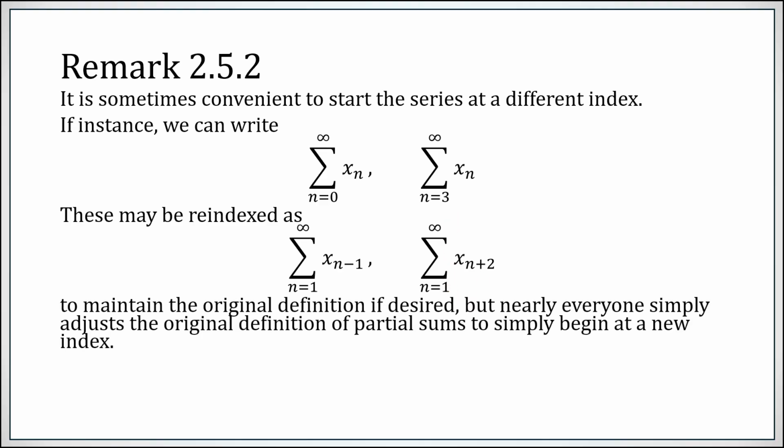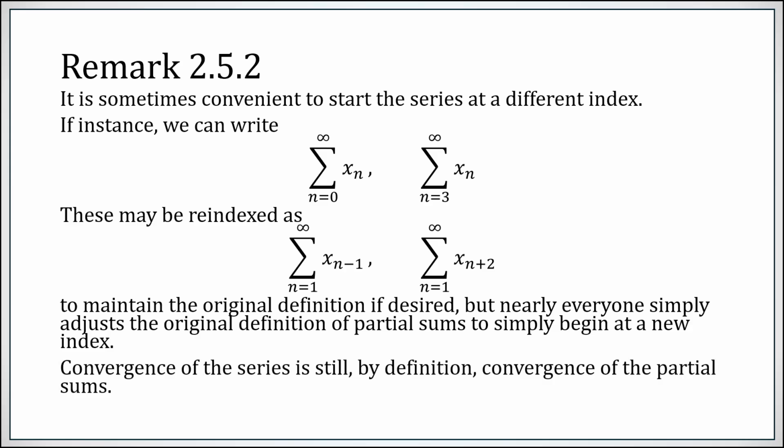So we can maintain the original definition, always starting at index 1, and just re-index series. But generally in practice, everyone understands that if you write a series starting at whatever arbitrary index you want, you mean the sums starting at that index, partial sums must then end at some later index, and you still take a limit. So convergence of the series is still by definition convergence of the partial sums, where you can simply adjust the starting index if desired.